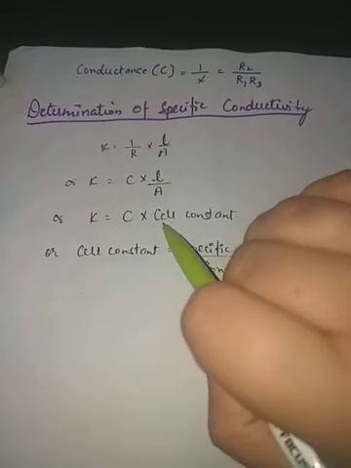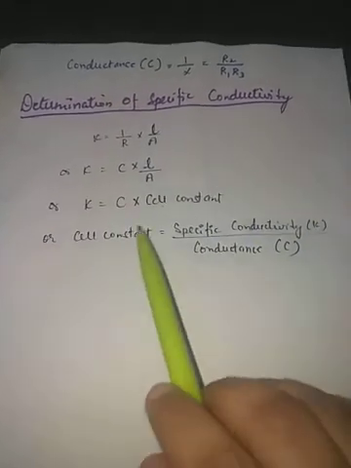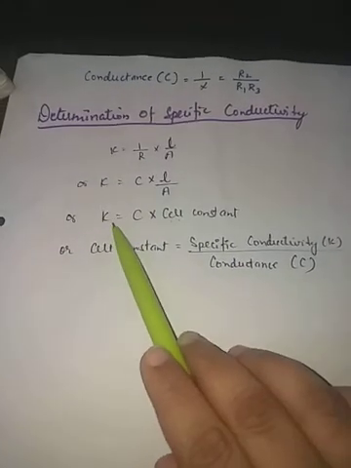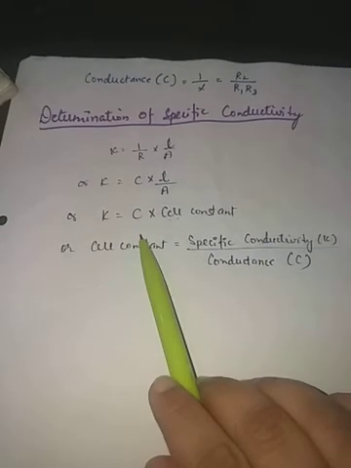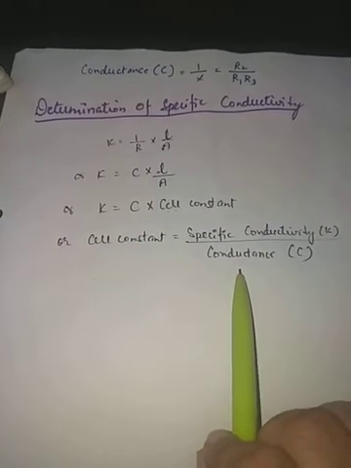These formulas will be used for calculating the numericals. And cell constant equals K by C, where K is the specific conductivity and C is the conductance.